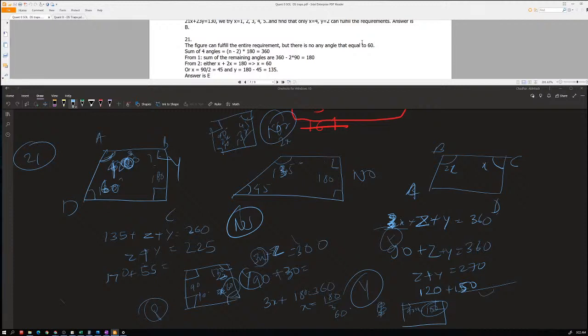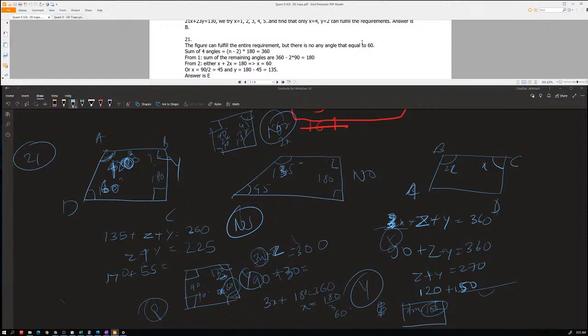Okay, so it will not be 540 for a hexagon, but that's okay. So the sum of the remaining angles is 360 degree minus 2 into 90. Yes, so that is equal to 180.